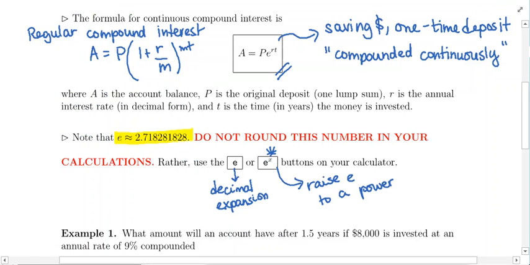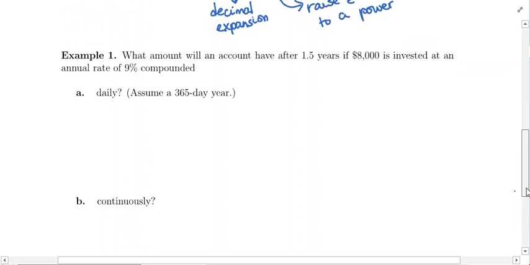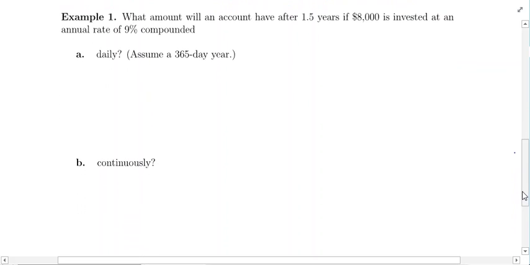All right, so let's go ahead and try an example. If you go down to the bottom of the page, let's take a look at example 1. What amount will an account have after 1.5 years if $8,000 is invested at an annual rate of 9% compounded daily?